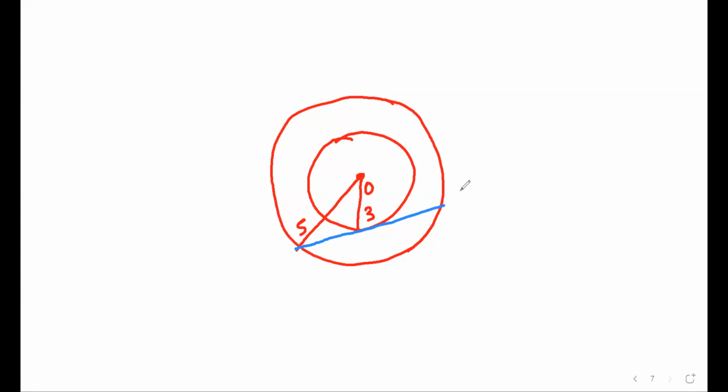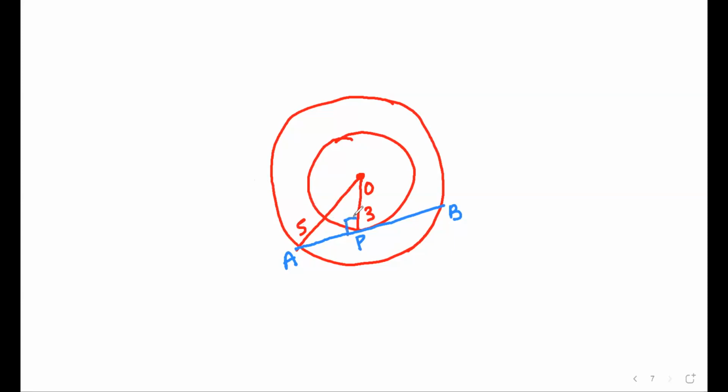Now here we can say this is a straight line A, P, B. This is 5, this is 3. Then easily we will be able to find the remaining, that is AP we can find.